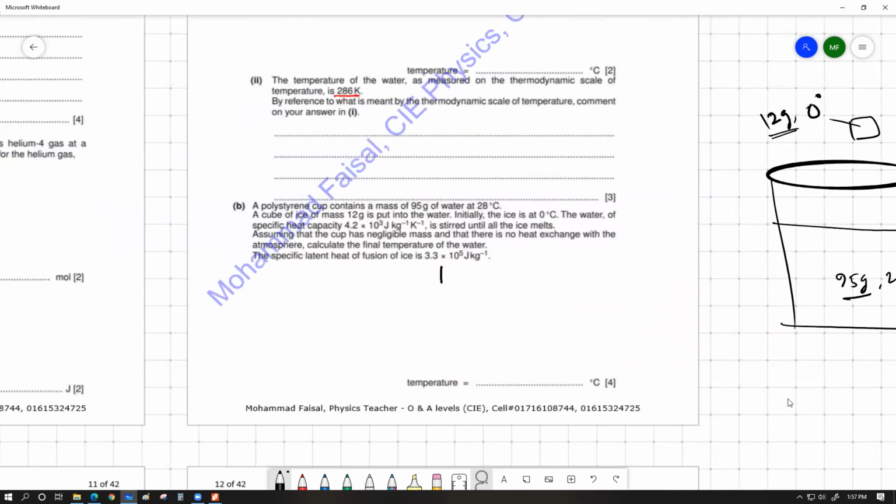If I was doing this math, I could do it this way. Let's say I'm going to write Q given equals to Q taken. That is, the hot object gives, the cold object absorbs.